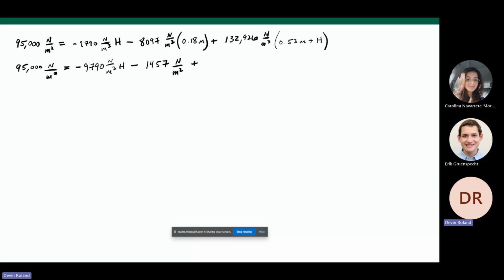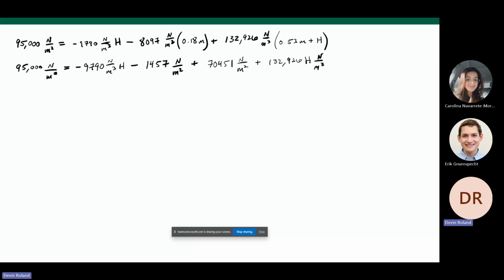That's going to give 70,451 Newton per meter squared plus 132,926 times H. And that is Newton per meter cubed, that term.